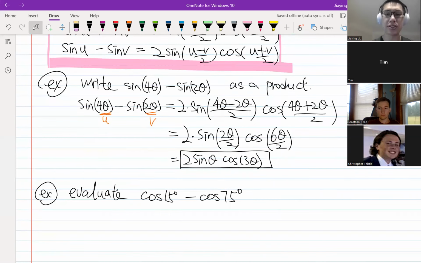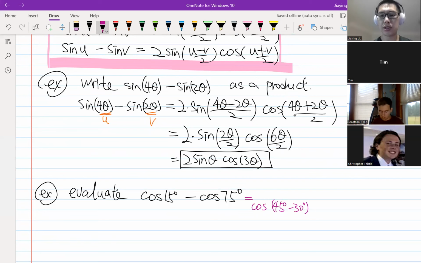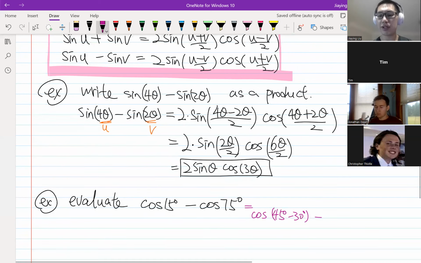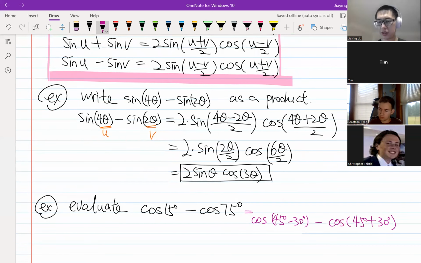We can rewrite the 15 as cosine of 45 degrees minus 30 degrees, and the 75 degrees as 45 degrees plus 30 degrees. From there, we can use the difference of angles formula and the sum of angles formula to work with each one. And at the end, we should be able to find the difference. That's one way.